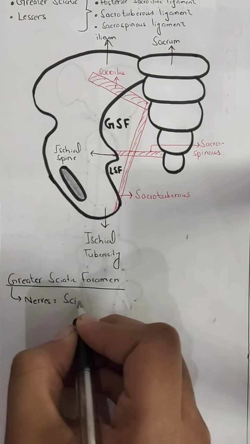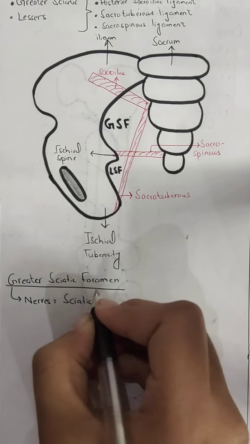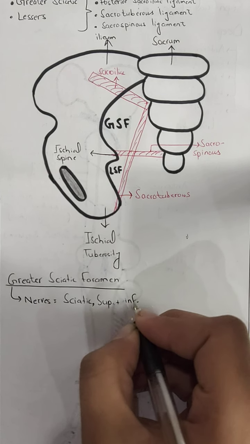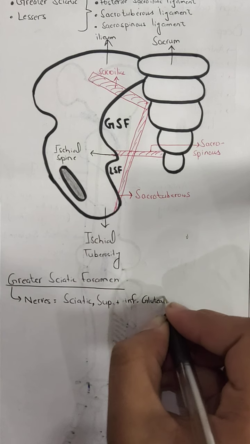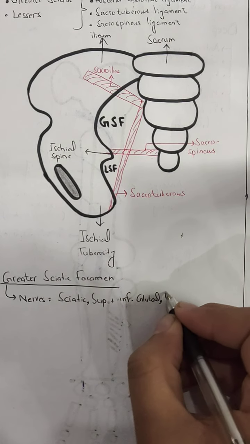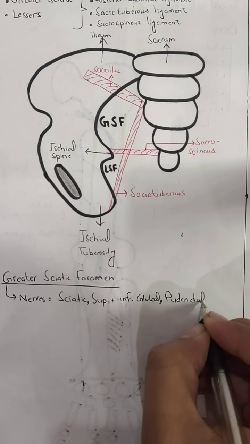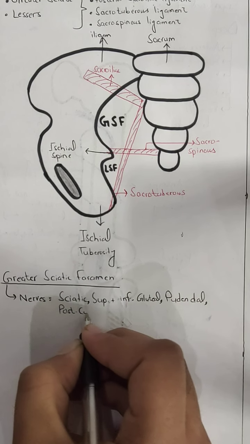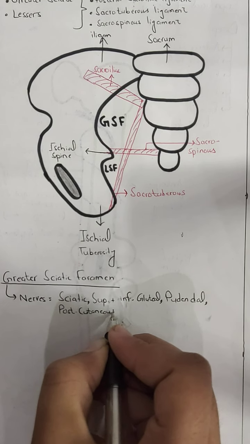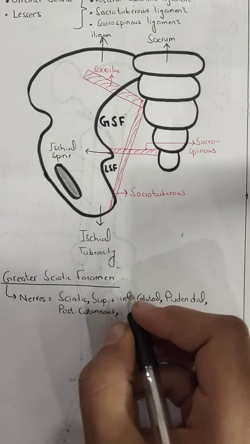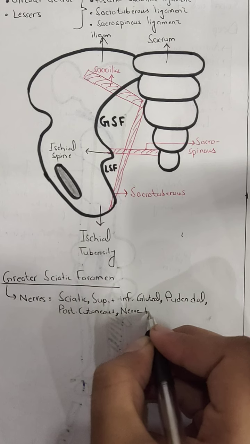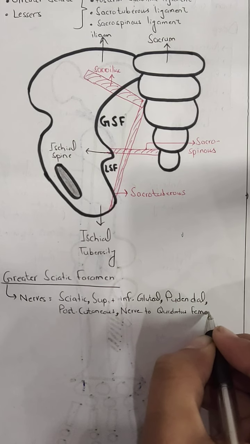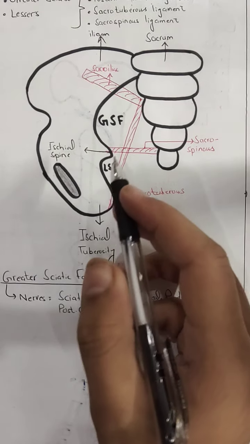These nerves include the sciatic nerve, the superior and inferior gluteal nerve, the pudendal nerve, the posterior cutaneous nerve, and the last one will be the nerve to quadratus femoris. These are the nerves which are present in this greater sciatic foramen.